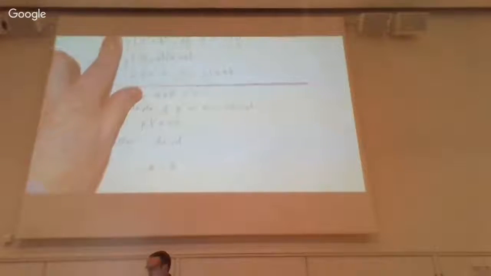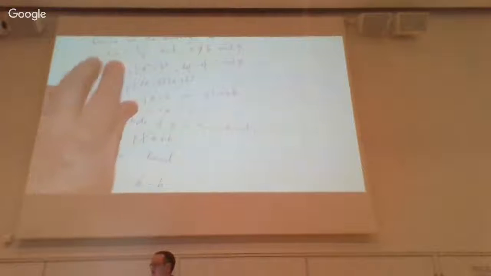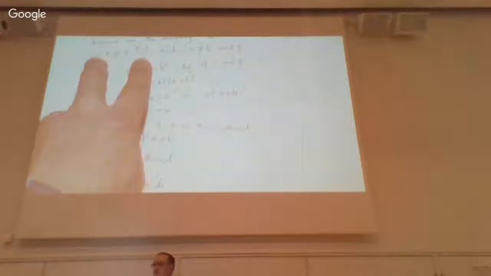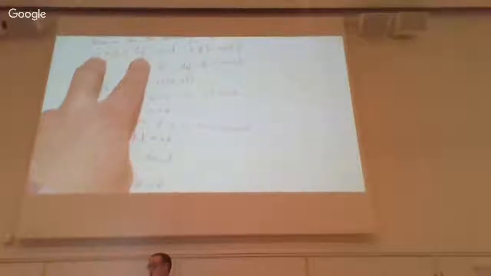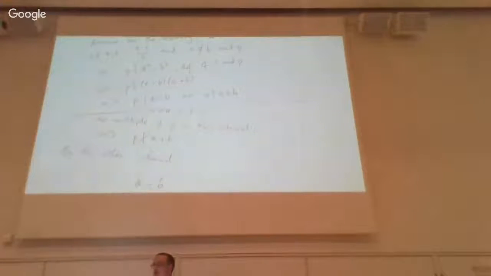You're looking at two numbers in the interval between 1 and (p minus 1) over 2, and wondering how far apart they could be. The distance between them has to be strictly less than (p minus 1) over 2.